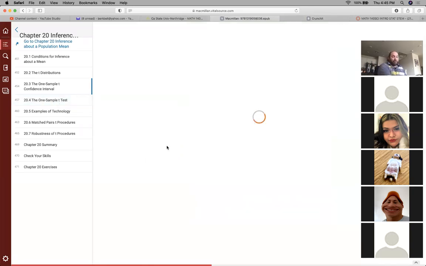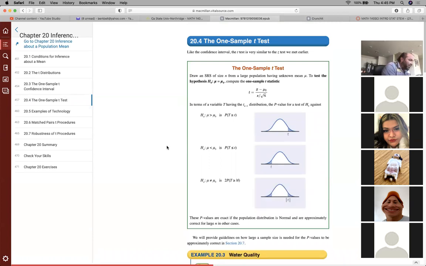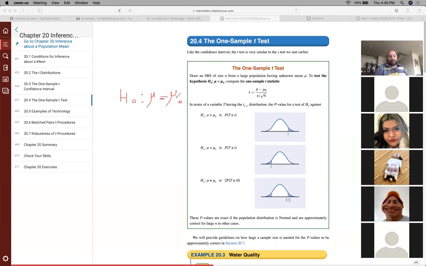So now let's go to the one sample T test. What about hypothesis testing? How does that affect it? Well, the answer is we do exactly the same thing. We're still testing a null hypothesis of mu having some value that has not changed, and we're still comparing it to the alternative where either mu is greater than, less than, or not equal to some value.